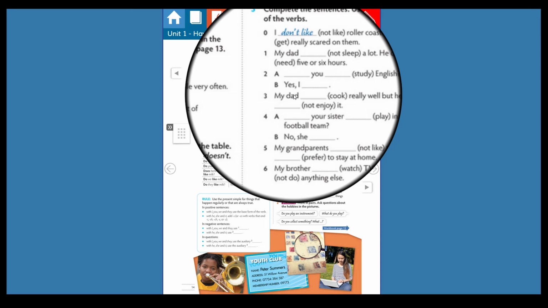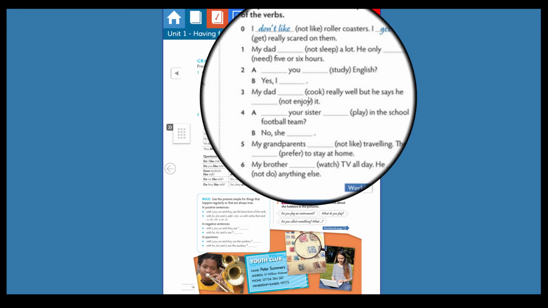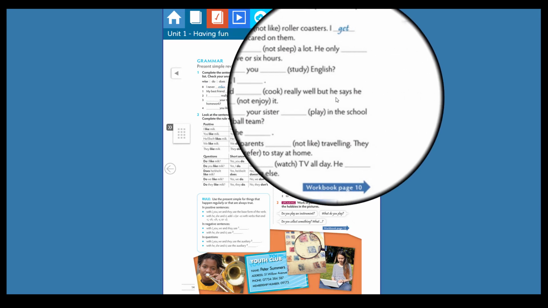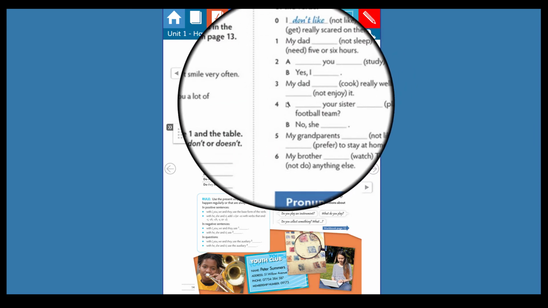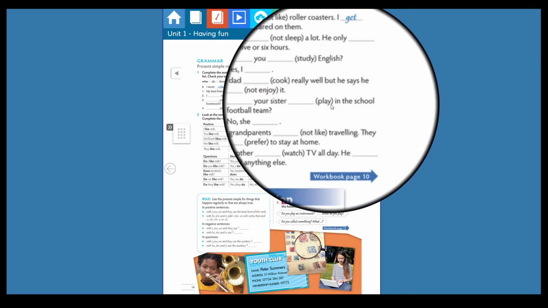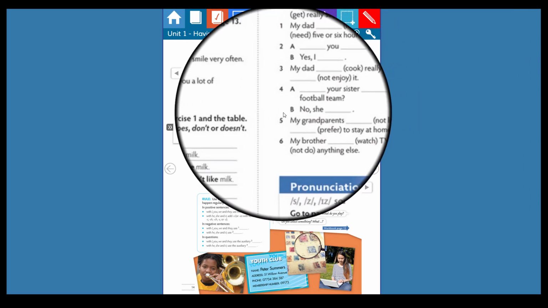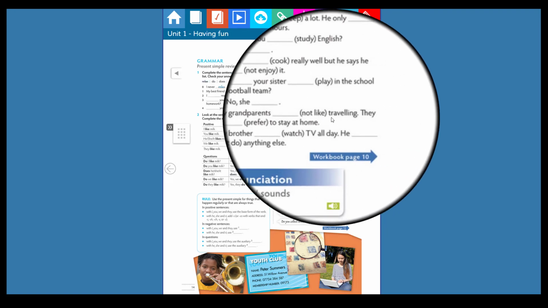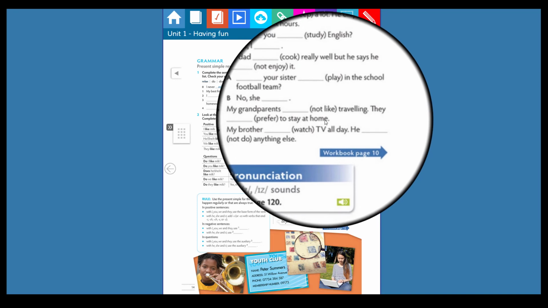Number 3, my dad cooks really well, but he says he doesn't enjoy it. Number 4, does your sister play in the school football team? No, she doesn't. Number 5, my grandparents don't like traveling. They prefer to stay at home.